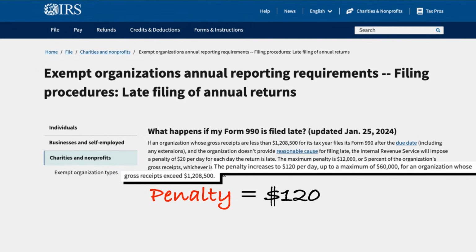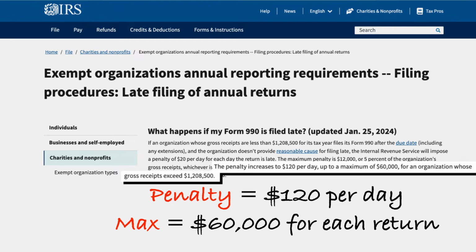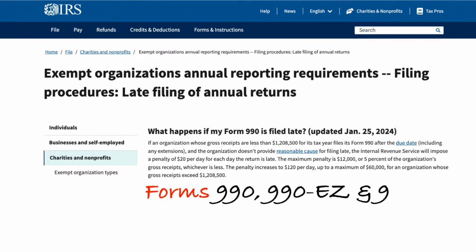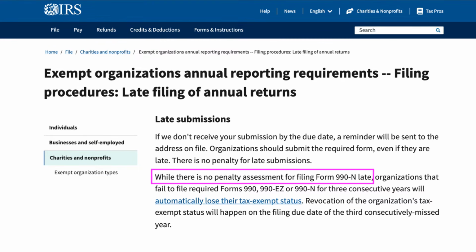Penalties for organizations with annual gross receipts exceeding $1,208,500 are $120 per day, with a maximum of $60,000 for each return. These penalties apply to filers of Form 990, 990-EZ, and 990-PF. Form 990-N filers aren't subject to late filing penalties.